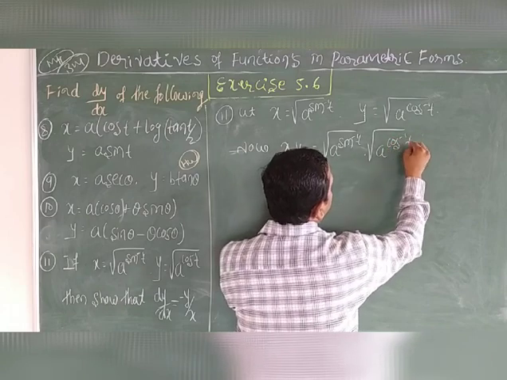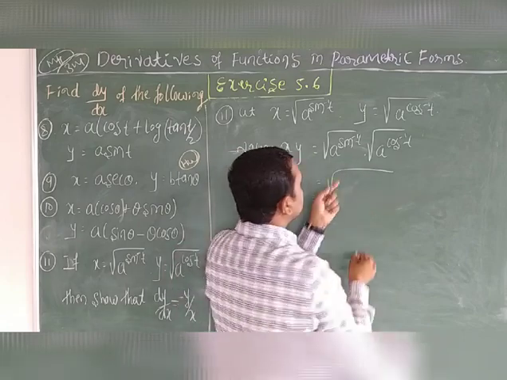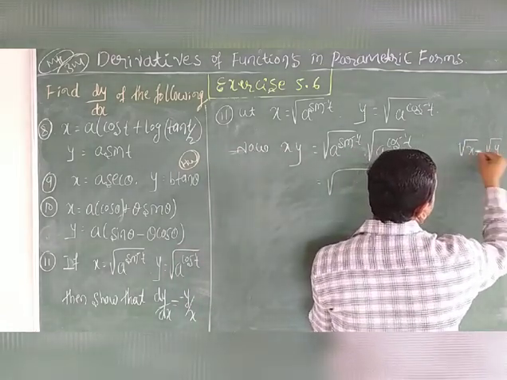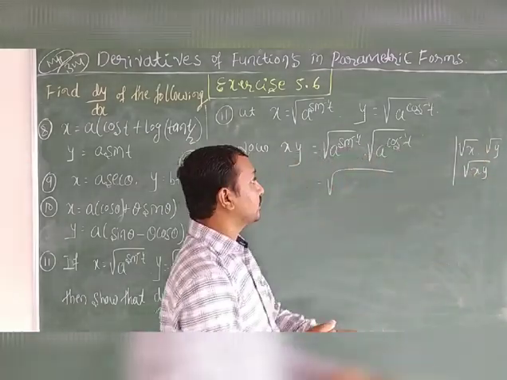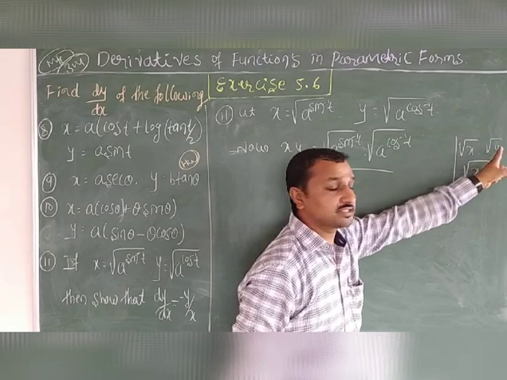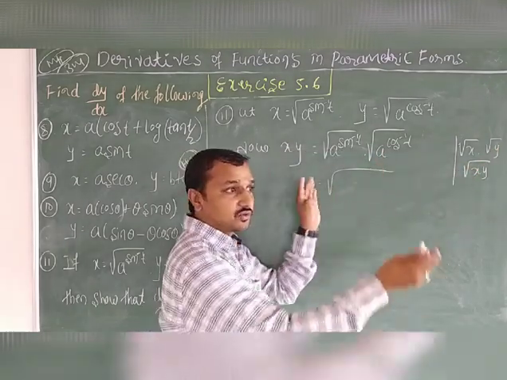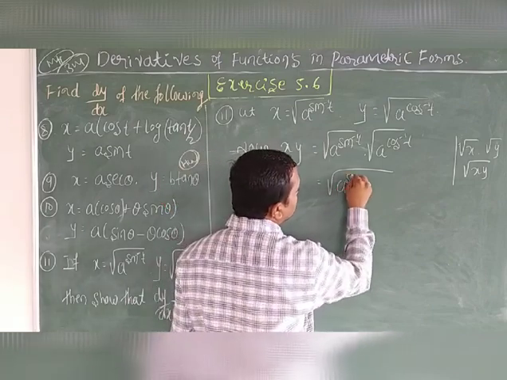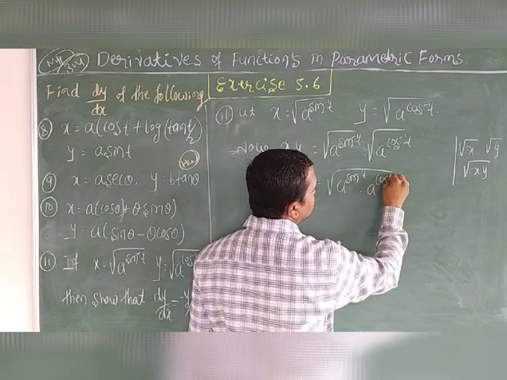That is equal to, already we know that root x into root y can be written as root of x into y. Like that, root of this term into root of this term is written as root of both the terms: root of a raised to sin inverse t into a raised to cos inverse t.